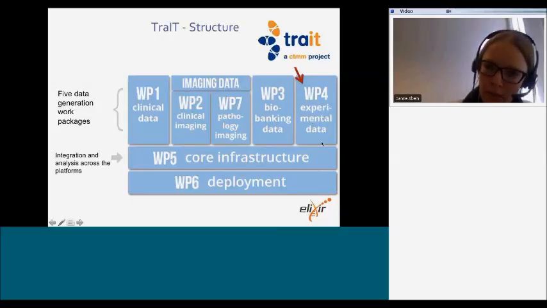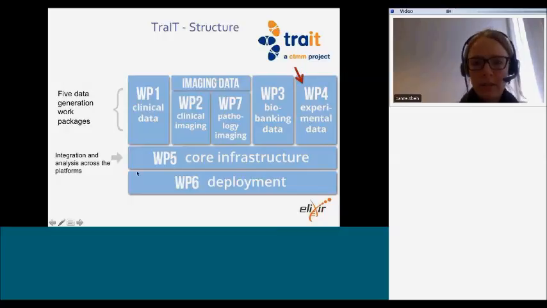Of course, in my role as a bioinformatician, I've been mostly involved in the experimental data and the computational analysis thereof. And all of this is then combined in the infrastructure.